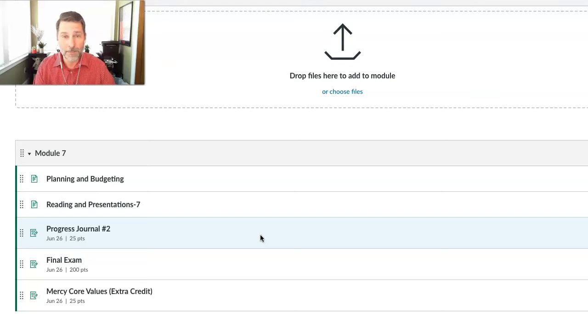So I do accept late work. There is going to be a little bit of a haircut on points to be fair to folks that turn it in on time, but it's definitely worth it for you to turn in late assignments, even a missing quiz or a missing learning activity.